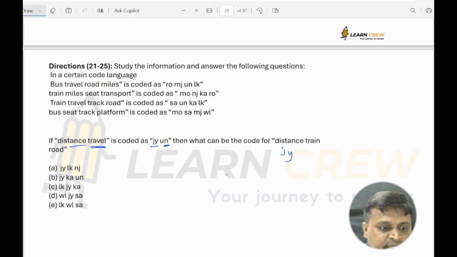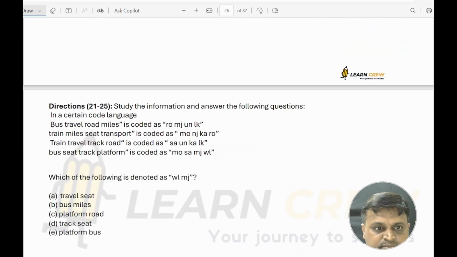And what is train? Train means it is KA. JY, KA and road means LK. JYKALK. So option C. Next.